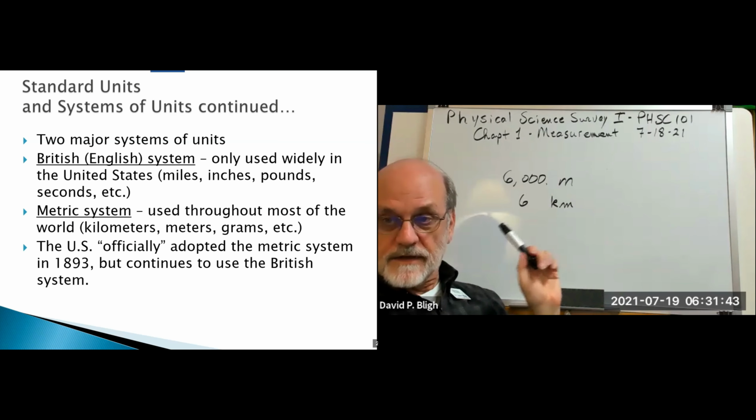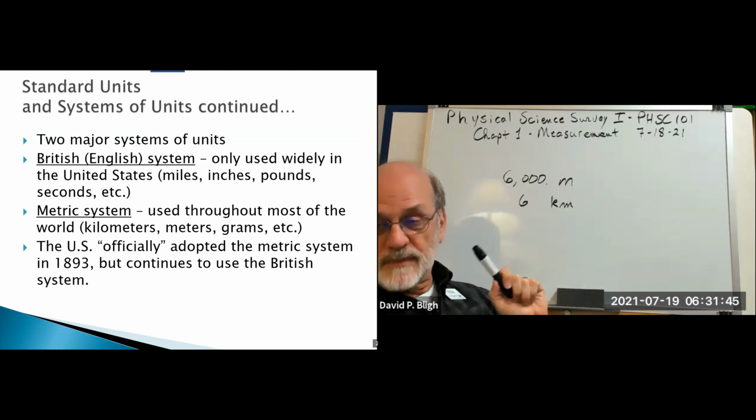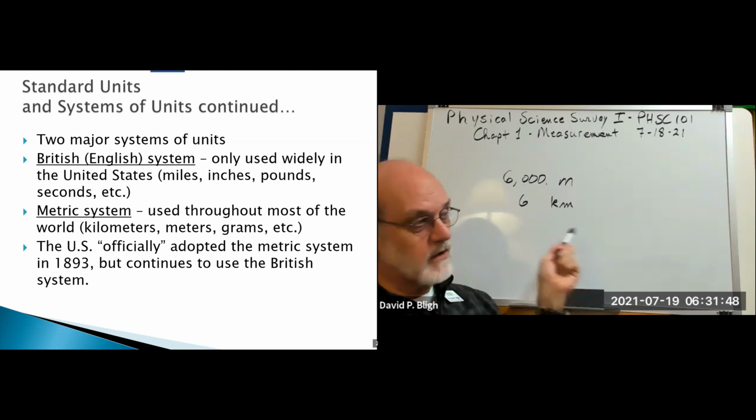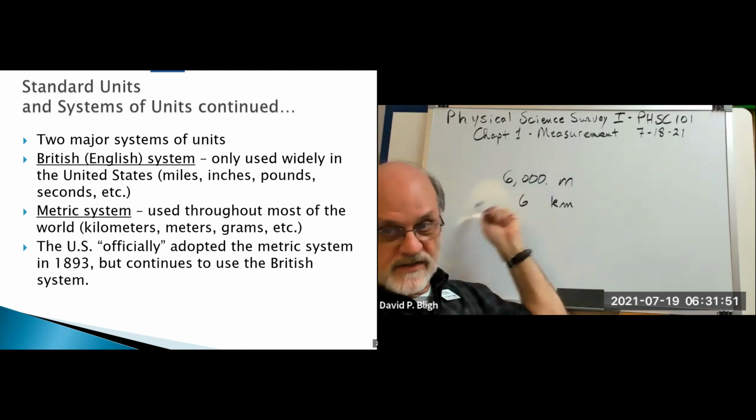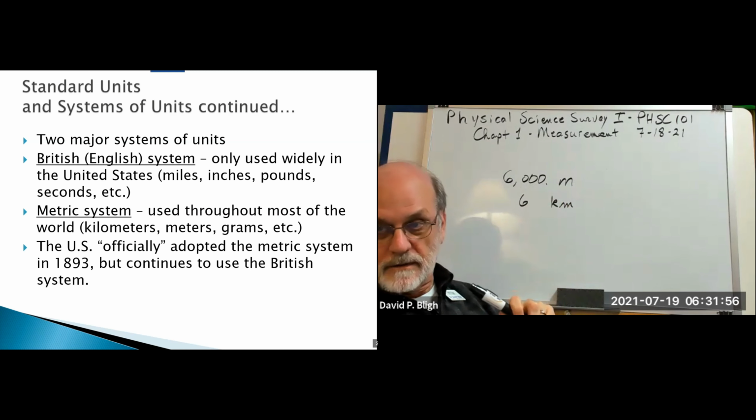A kilometer is 1,000 times as big as a meter. So I only need 6 of them to be the same length. These are exactly the same length, right? But with different units of measure.